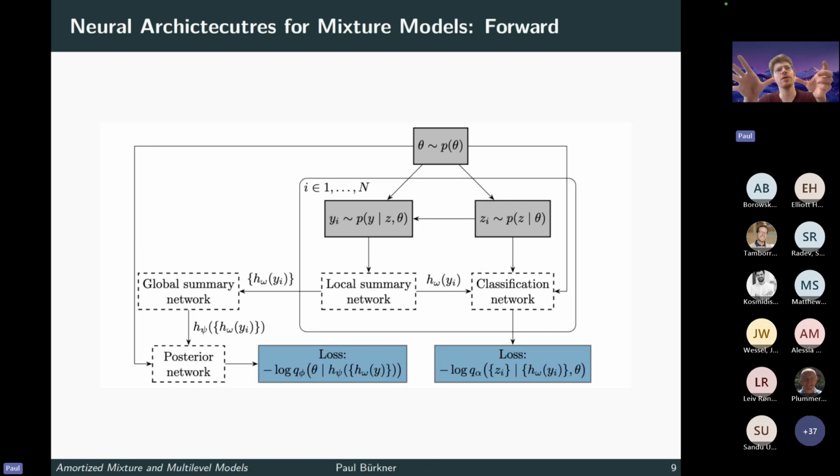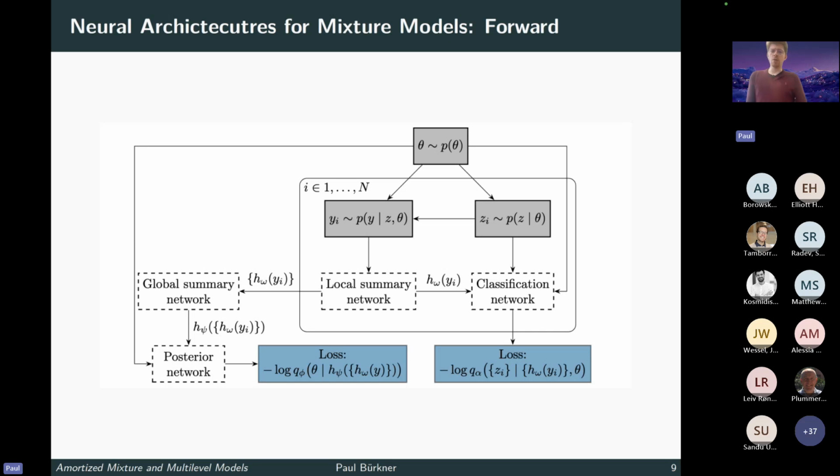And then we have also a local and a global inference network. For mixture models, our local inference network is actually a classification network because our local parameters, the Zi, are just the mixture indices. This is a discrete variable that tells us which observational unit belongs to which mixture component.